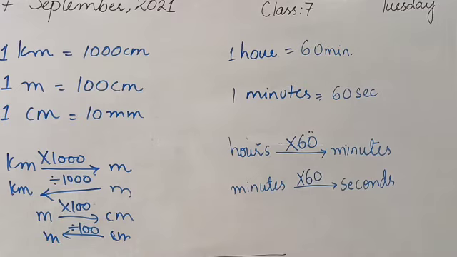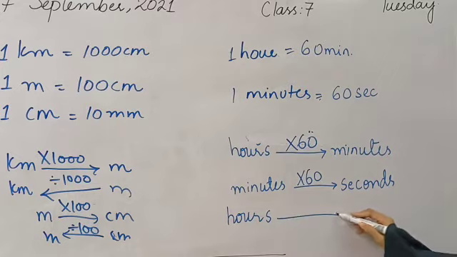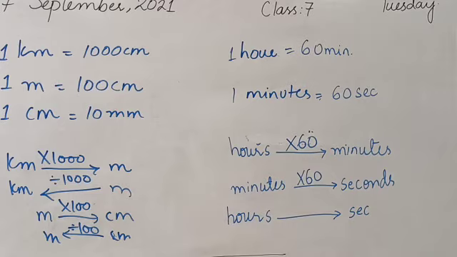Okay. Now tell me, what will be the conversion factor if you want to go directly from hours into seconds or seconds into hours? 1 hour contains 60 minutes and 60 seconds.